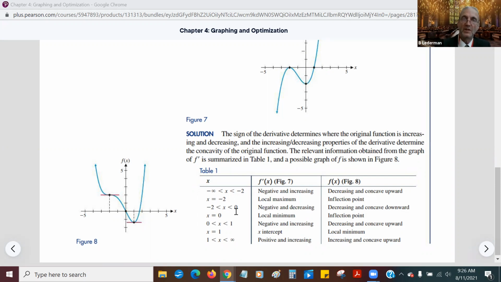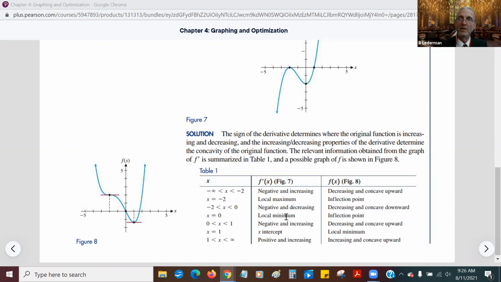Between -2 and 0, the derivative, I should say, is negative and decreasing, which means the original function has to be decreasing because of the negative slope, and it's concave down because a decreasing first derivative means a negative second derivative, which is concave down.